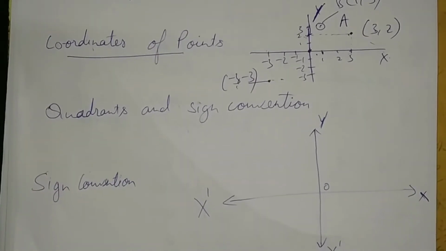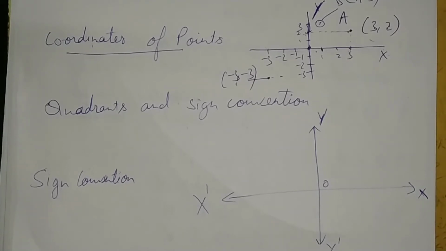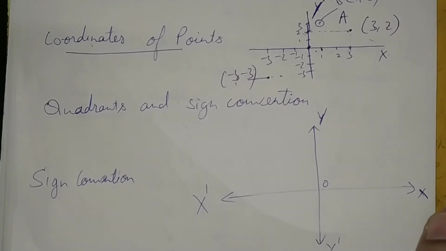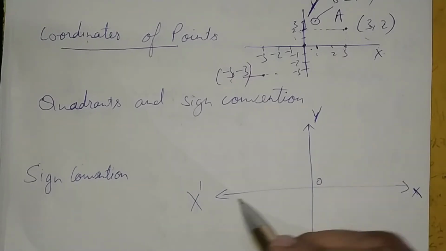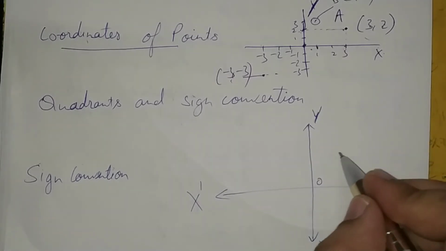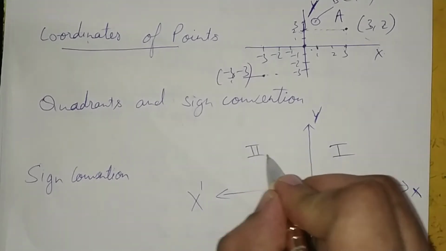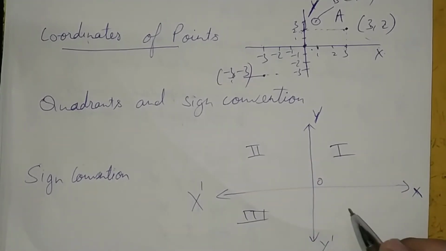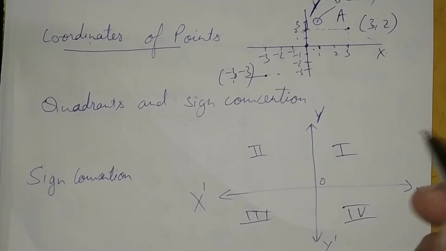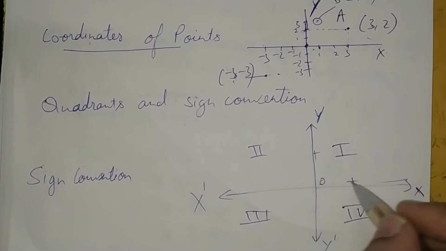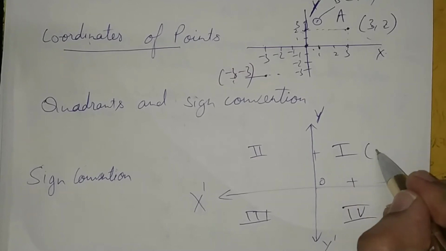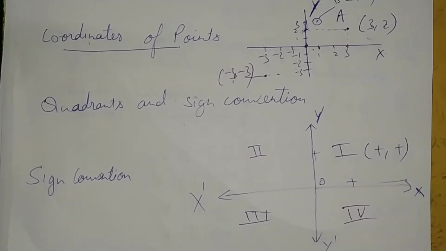Next is quadrants and sign convention. Just draw the x-axis and y-axis. This is your first quadrant, this is your second quadrant, third quadrant, and fourth quadrant. In the first quadrant, x and y are both positive.